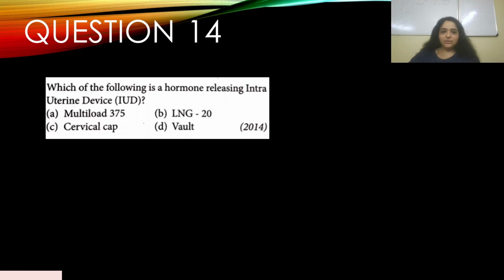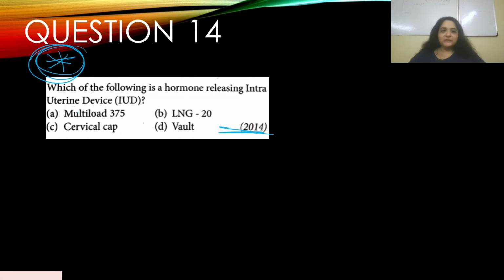Okay, question number 14. Which of the following is a hormone releasing intrauterine device? It's the third time I think we're coming across this question, and I guess this is important. So please learn the different types of IUDs. They can ask anything, of course, but whatever's present in the NCERT textbook, please learn all kinds of devices written there. This appeared in 2014.